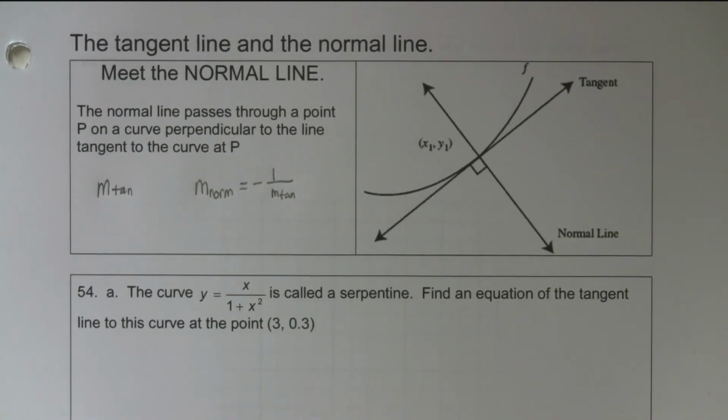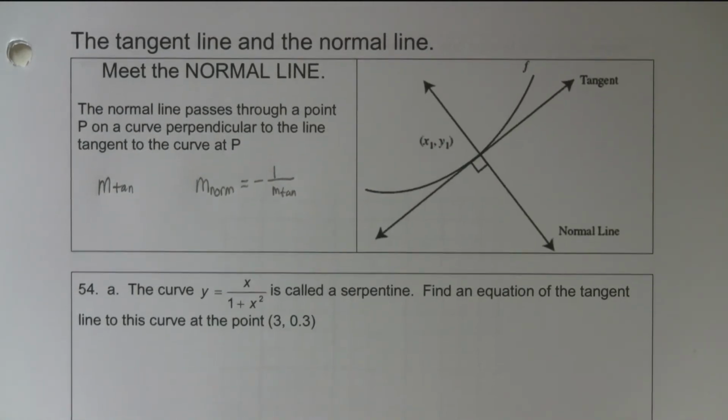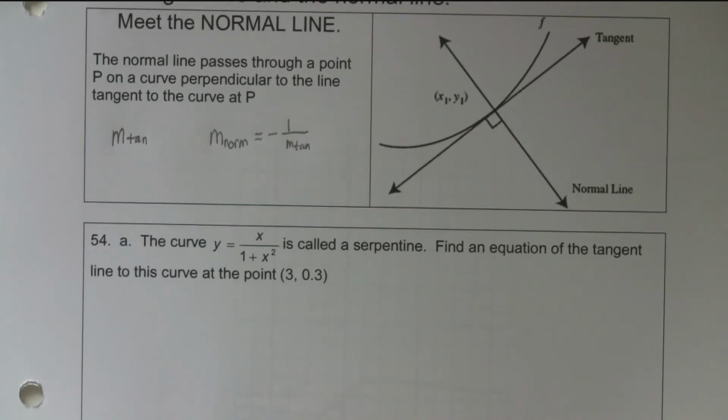Okay, so they have this serpentine: the curve y equals x divided by 1 plus x squared is called a serpentine. Find the equation of the tangent line to this curve at the point 3, 0.3. So they're wanting us to find the equation of the tangent line.